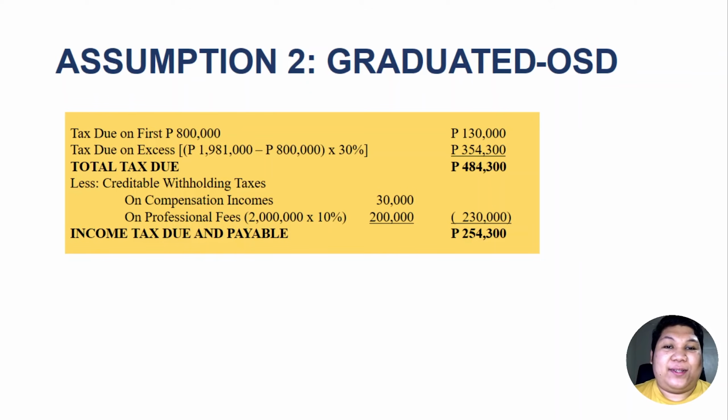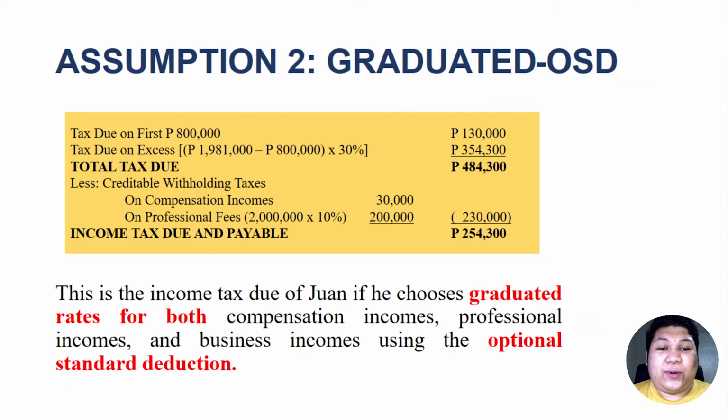So if you're trying to compare which tax due is higher, of course this is higher, and Juan would benefit if he would use assumption 1. He will use the itemized deduction. So this 254,300 pesos is the income tax due of Juan if he chooses graduated rates for compensation incomes, professional incomes, and business incomes using the optional standard deduction.